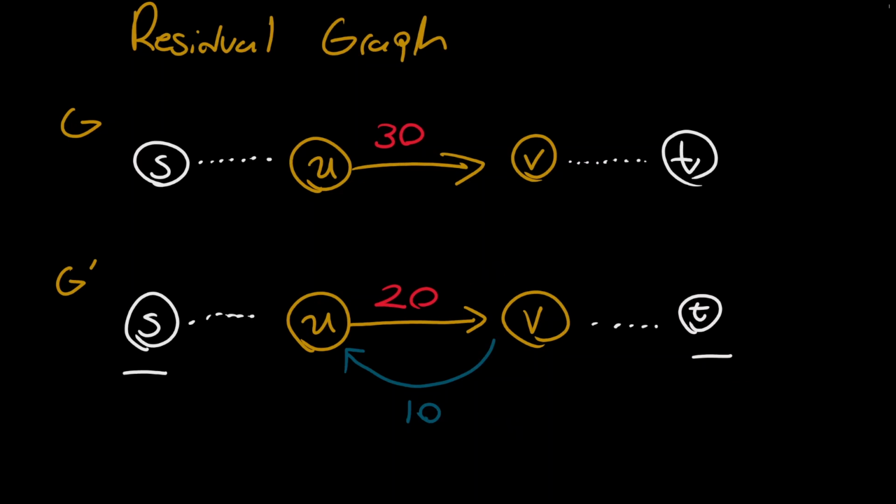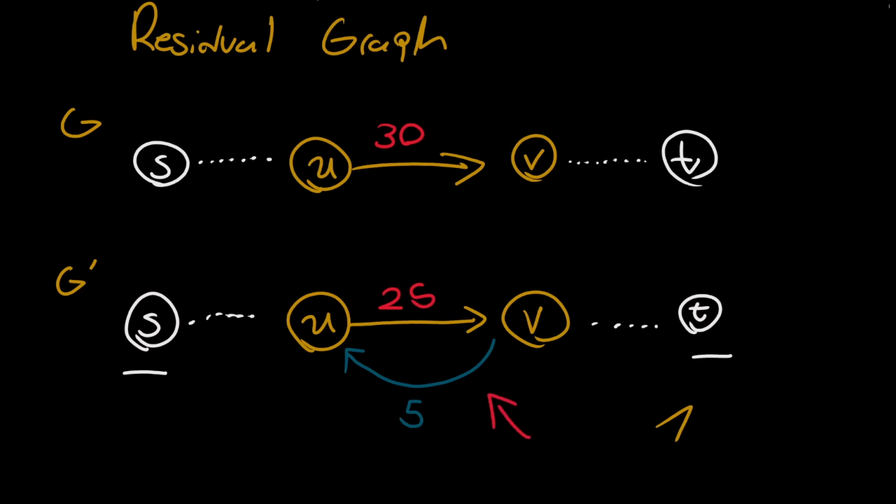If we do take this backwards path, say we spent 5 going along it, finding a path to T from S, then we will take away 5. So if we spent 5 on the backwards path, we're going to take 5 units from the backwards path and give it back to the forward edge. So instead, we're going to have 25 units now.